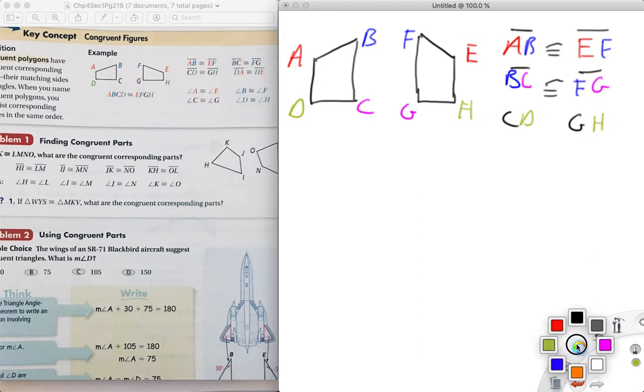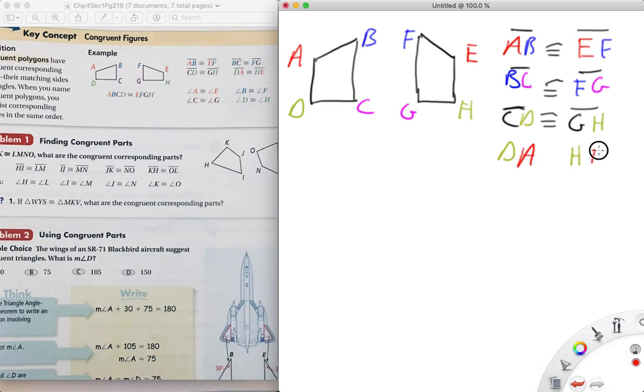Since there's 4 sides, there's going to be 4 corresponding congruent segments. And then we're told that DA is congruent to HE. Okay, so those are the segments.